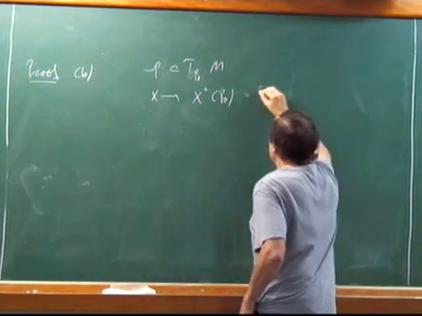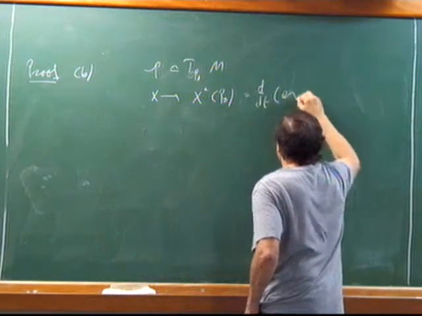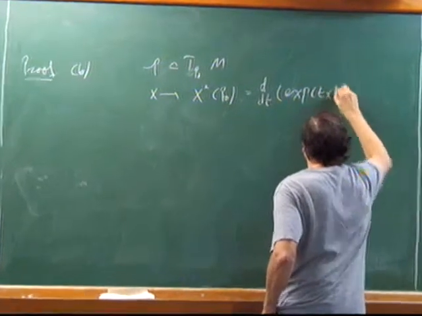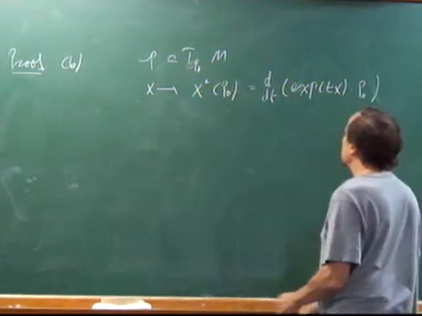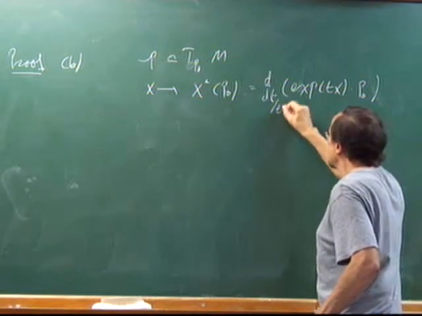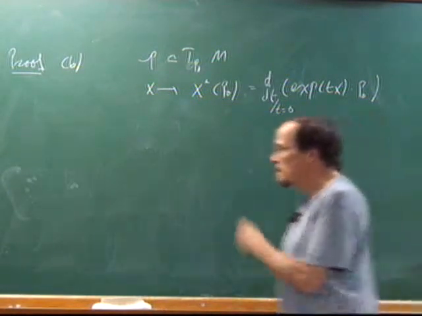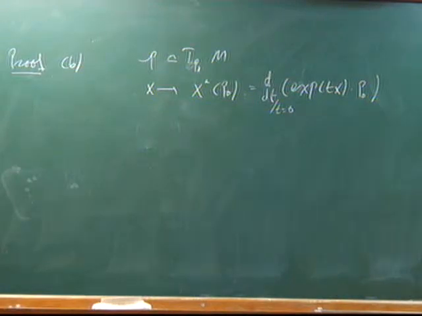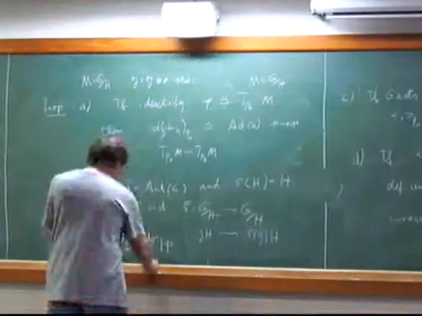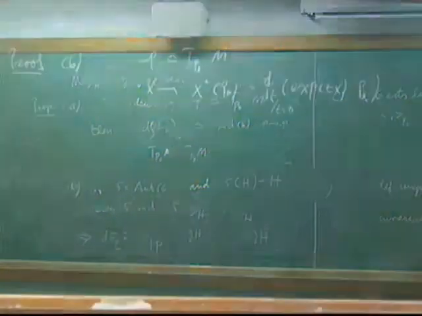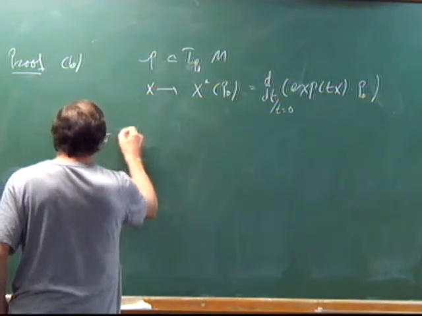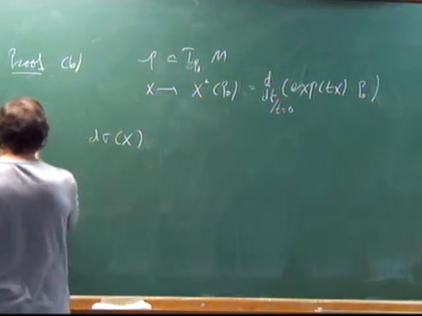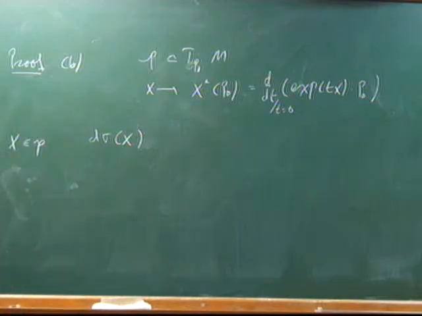And this was d/dt of exp(tx) times my base point p naught at 0. So what's that supposed to mean? Sigma acts on P. So I take d sigma, apply to x, which lies in P. And this is what the right-hand side means.